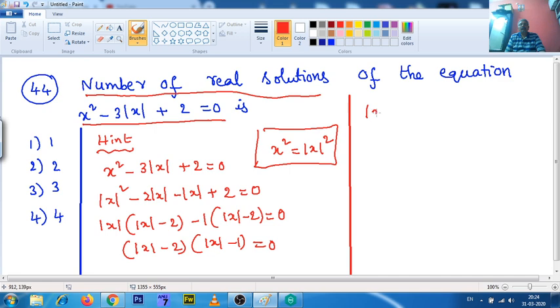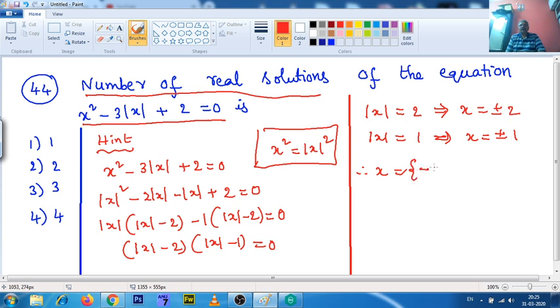Mod x minus 2 is equal to 0 means mod x is equal to 2. So, we get x is equal to plus or minus 2. Even modulus of plus 2 is 2, modulus of minus 2 is also 2. Next we get mod x is equal to 1, that implies x is equal to plus or minus 1. Therefore, the set of solutions is x equals minus 2, minus 1, 1, 2.